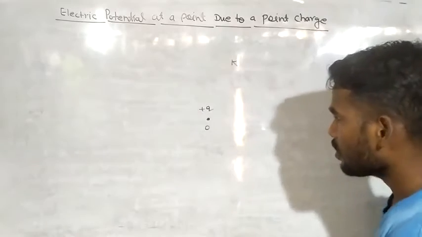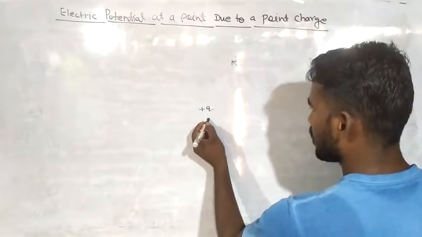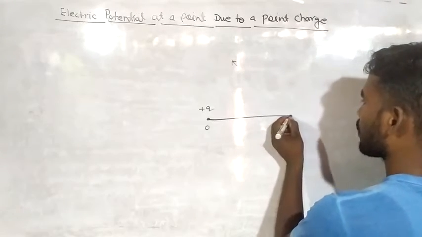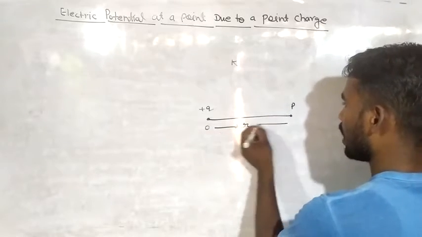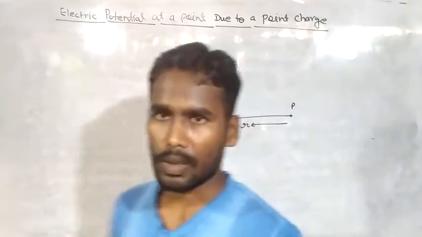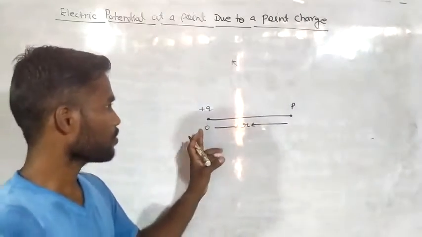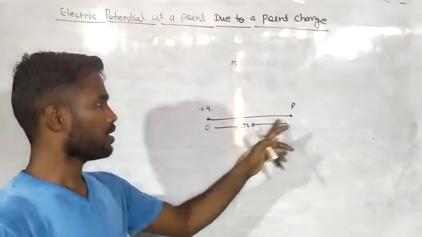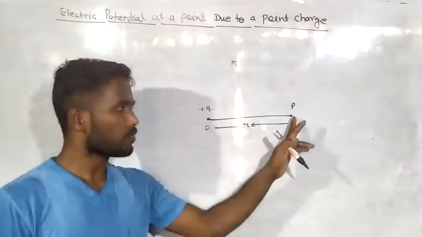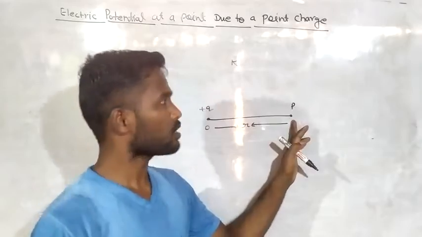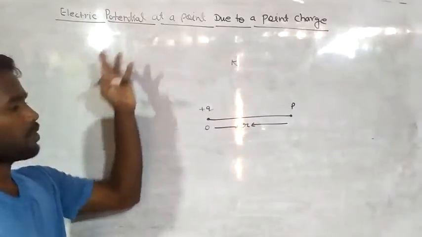Suppose there is a point P at a distance small r from this charge, at which we have to find the electric potential.